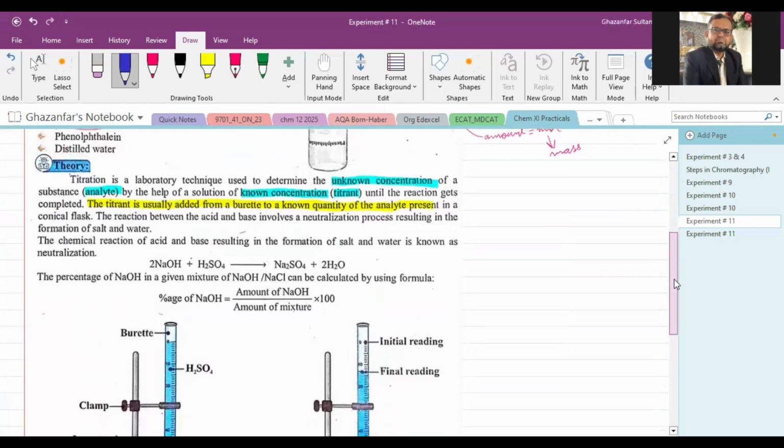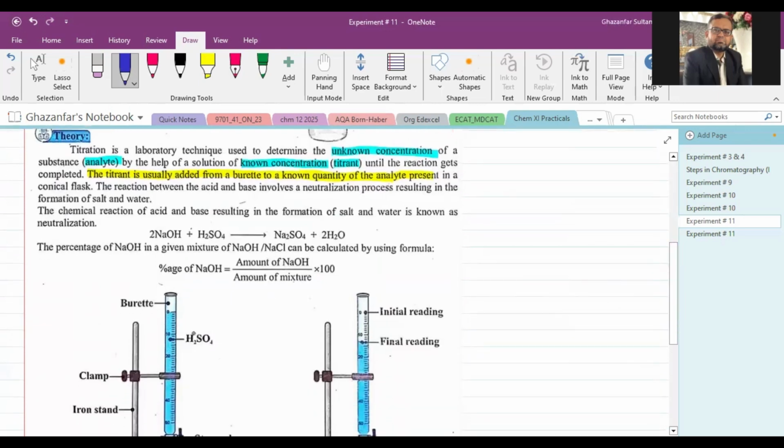So what we will add here is the titrant, because we know its concentration.